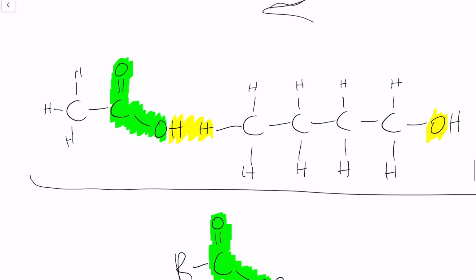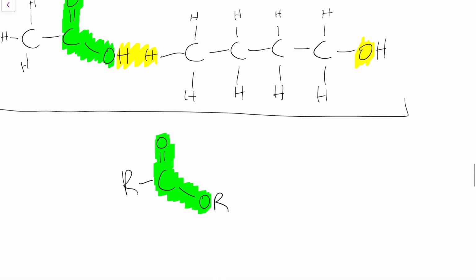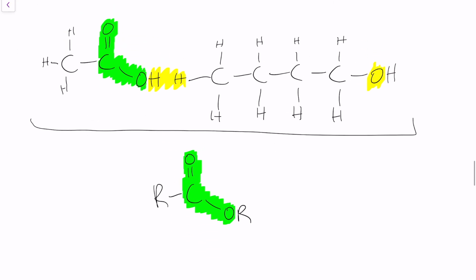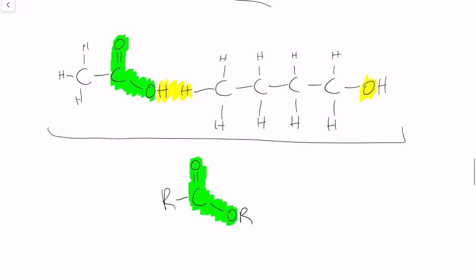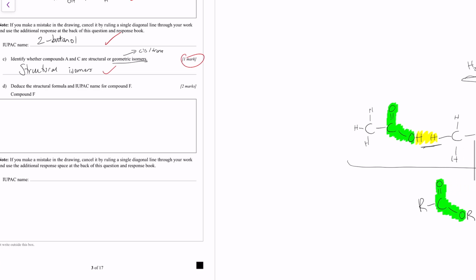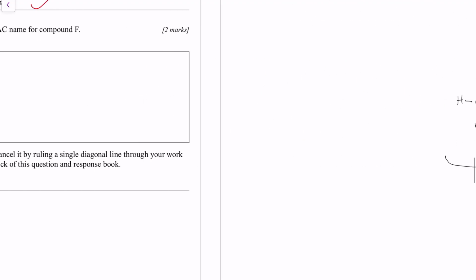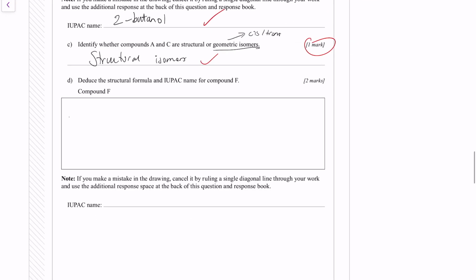So I want to keep that, but I want to remove everything else that might be contributing to those changes. Basically, I'm just removing everything in yellow and keeping everything else the same, because I have my 2 hydrogens and my oxygen. I'll show you once we draw it out again, I've got the ester that I need. And if we draw that out, just removing that H2O, we get this right here.